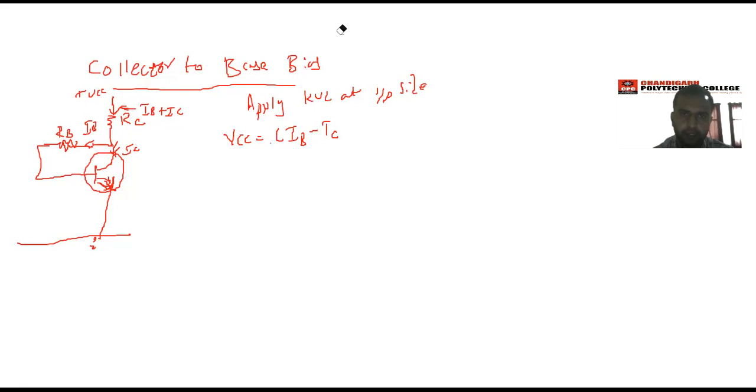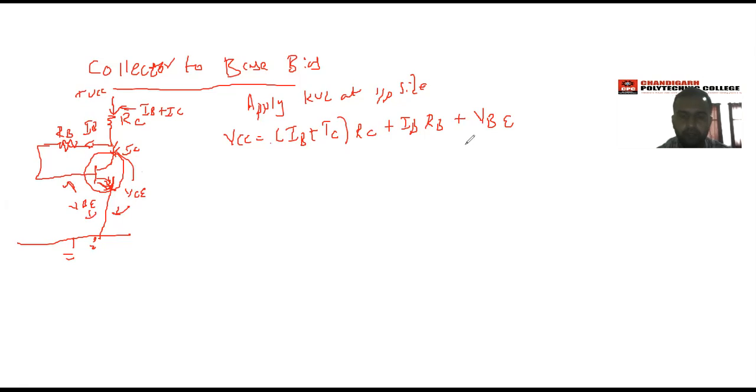This is your IB plus IC multiplied by the resistance. This is your voltage drop across RC plus your IB RB plus your voltage drop across the transistor between base and emitter. This voltage is VBE, the voltage between base and emitter.